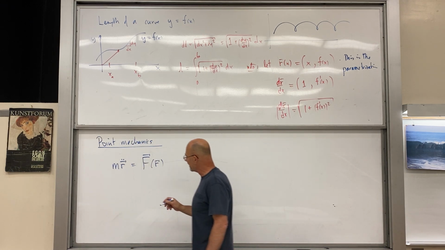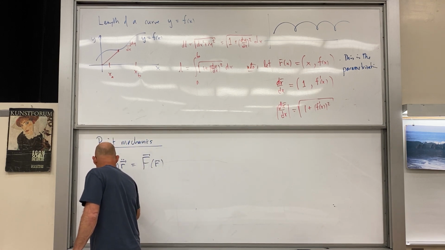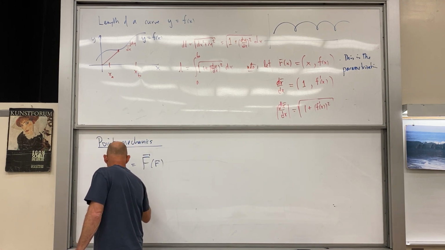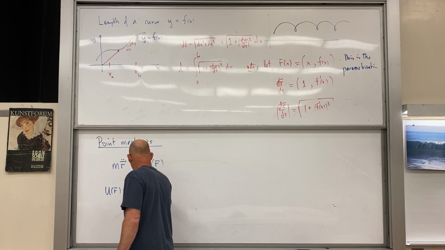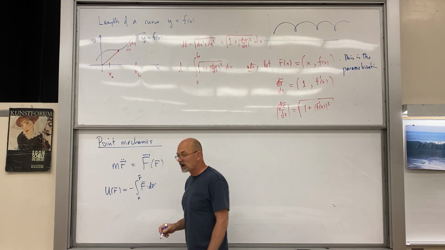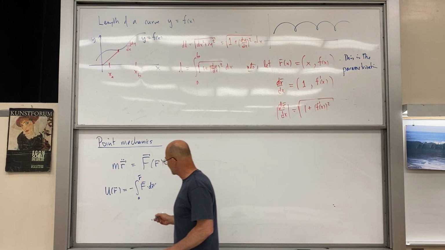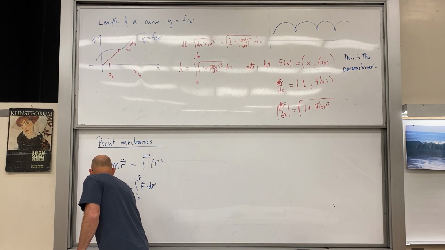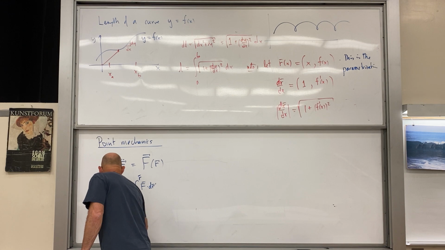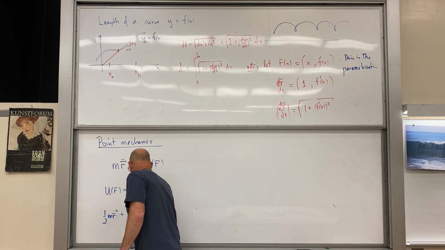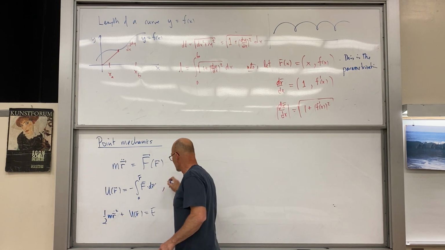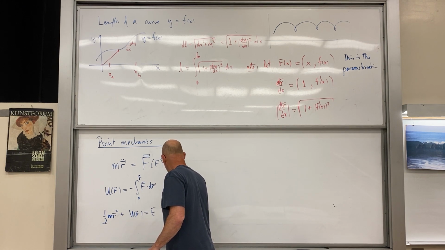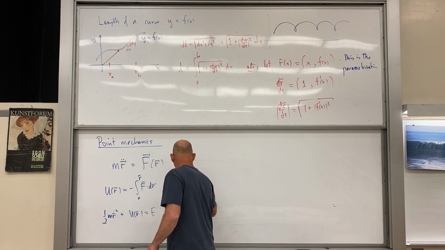We know that we have a potential energy, F dot dr, I'll just write it this way, and we have conservation of energy on our way to solving this. One half m r dot squared plus U of r equals E. And I should say where the gradient of U is equal to minus F.